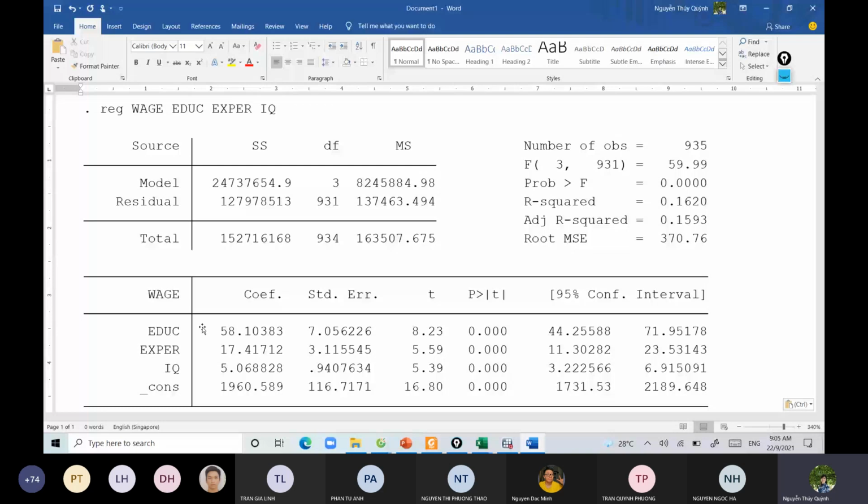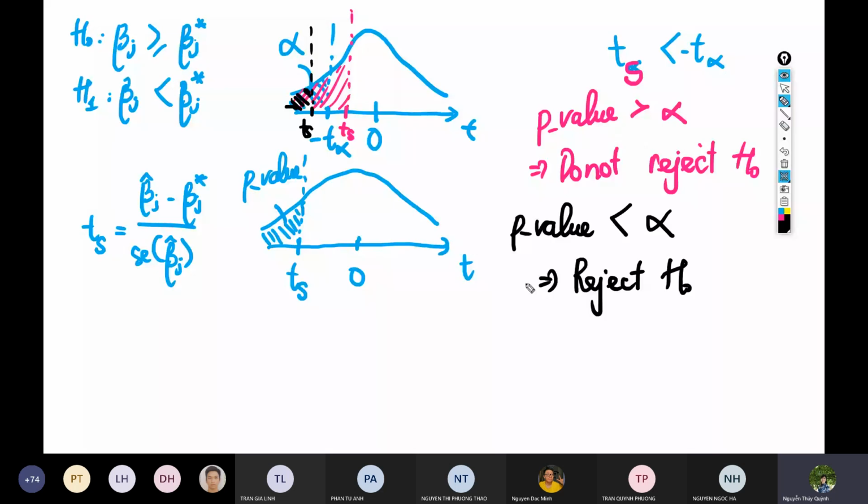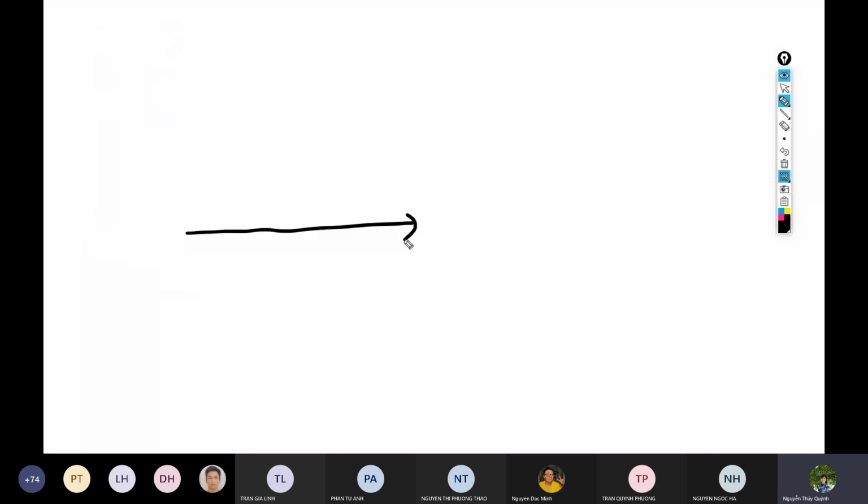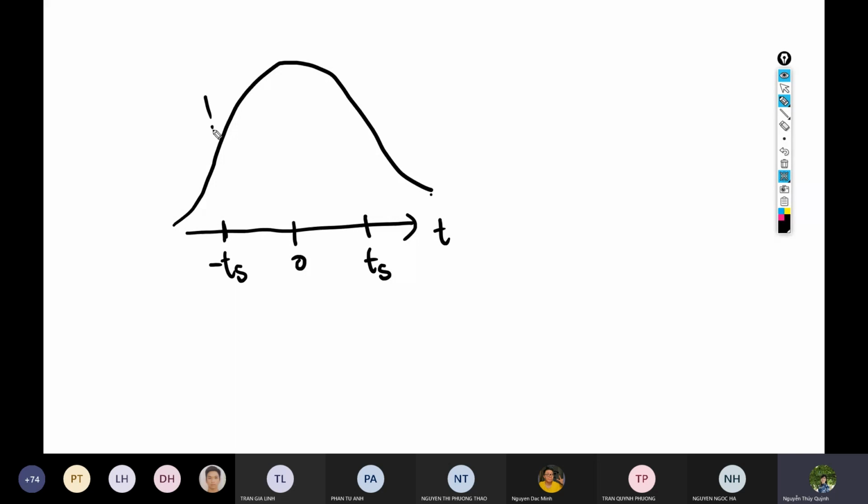So for example here, this is t0, and for example, this is our ts. For a two-sided test, we want the area to the left of minus ts and the area to the right of ts.